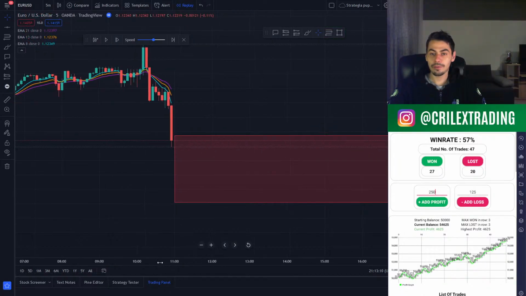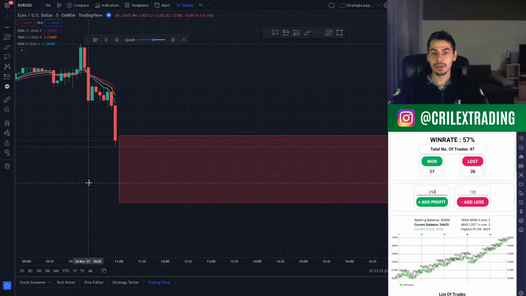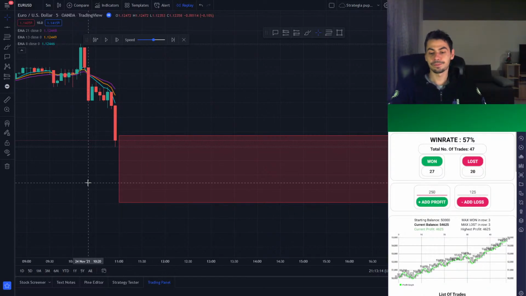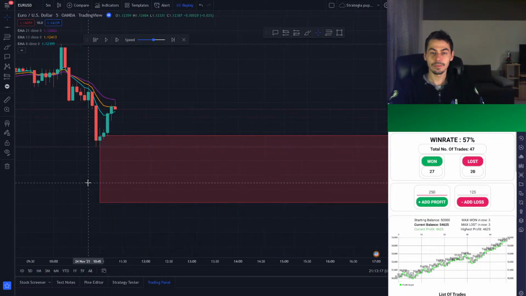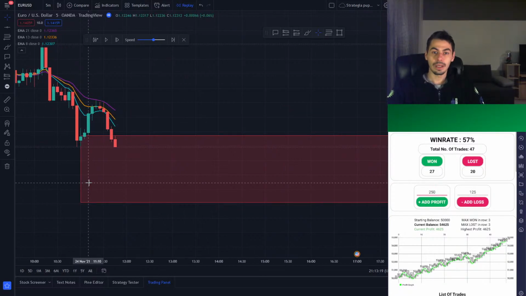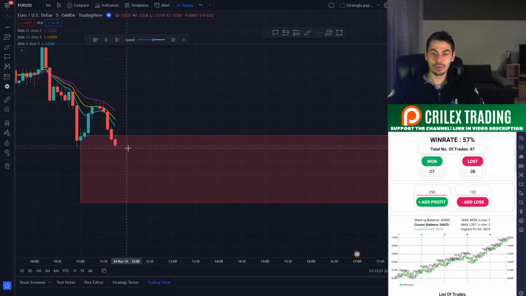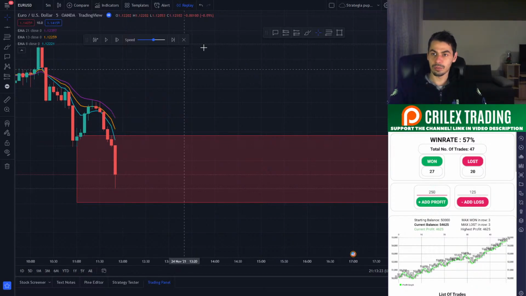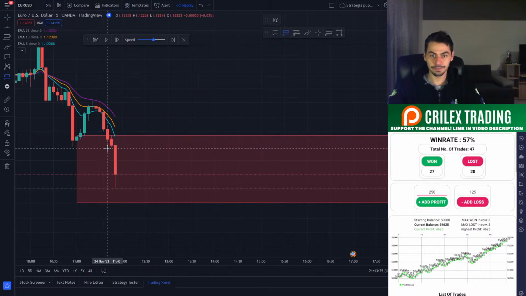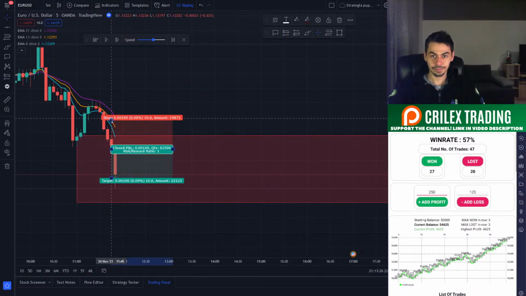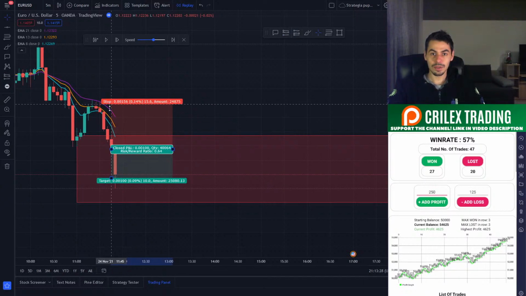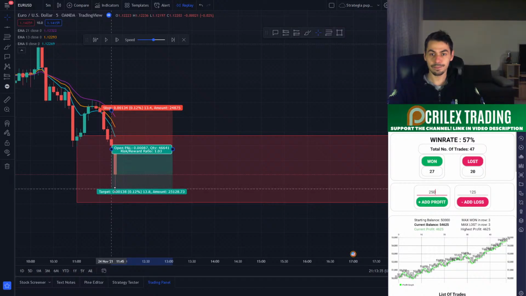We will be looking for sell positions right here. And if there's a candle closing below this level, we will be in a sell, and we are in a sell position right now. Stop loss just above this candle, and the take profit will be at 1-to-1 first.